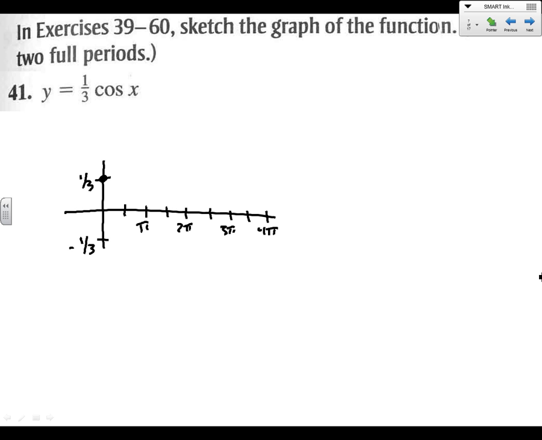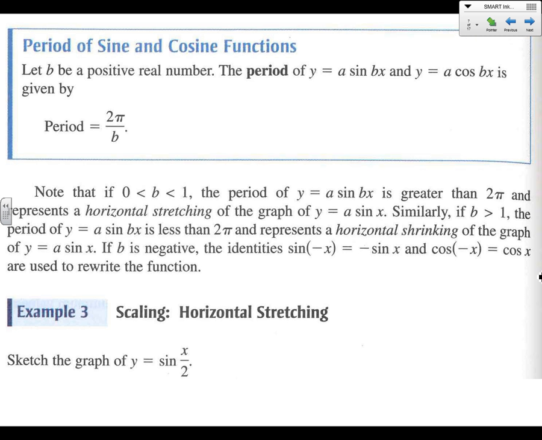We're going to start high and then count: 1, 2, 3, 4, 5. Those are my 5 important dots. And then if we started over, we'd have 1, 2, 3, 4, and 5. 2 periods. Connect your dots in a nice curve, and there's 1/3 cosine of x.